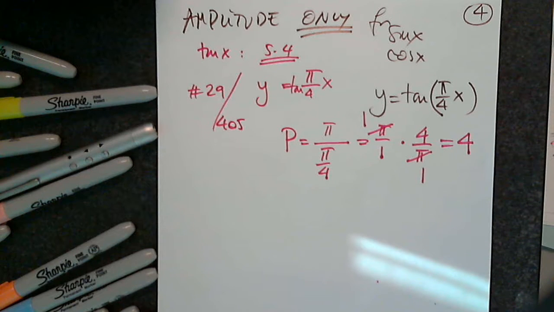Horizontal stretching. Not by much, but horizontal stretching. We're going to graph both functions, plain tangent and tangent pi over 4x, to observe this. So is pi over 4 smaller or larger than 1? Smaller. It's smaller than 1. So then the original graph would be between negative pi over 2 and pi over 2. But this one will be a little bit wider because the number in front of x is smaller than 1.